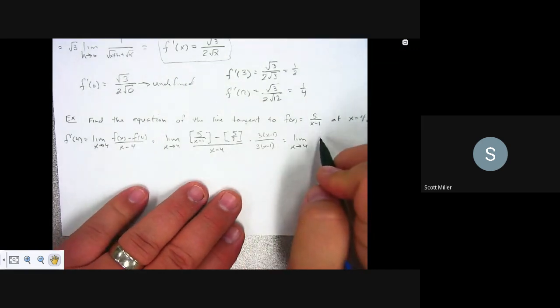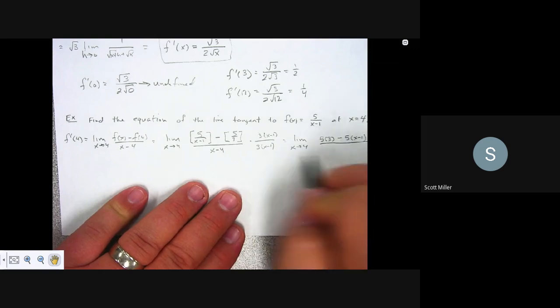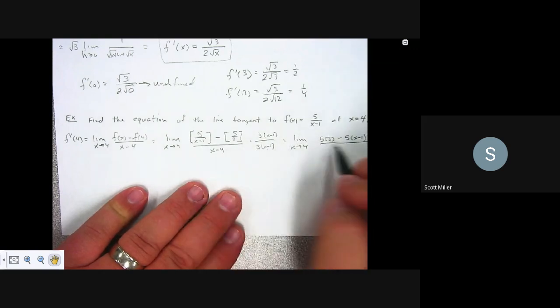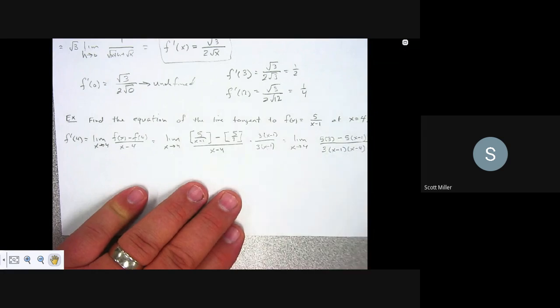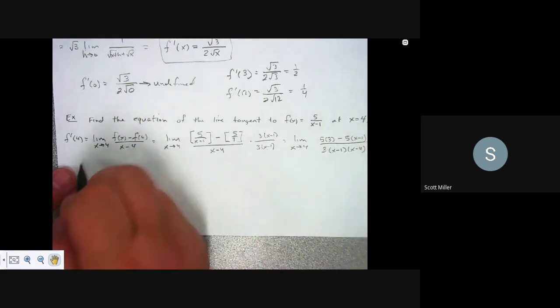So the top up here becomes 5 times 3 minus 5 times x minus 1. And the bottom becomes the product of these two things right here, which is 3 times x minus 1, times x minus 4. Okay? So now we need to clean all that up.